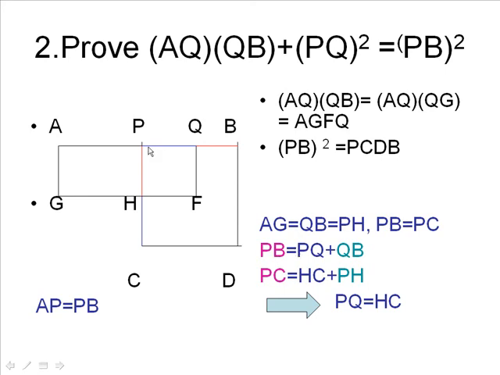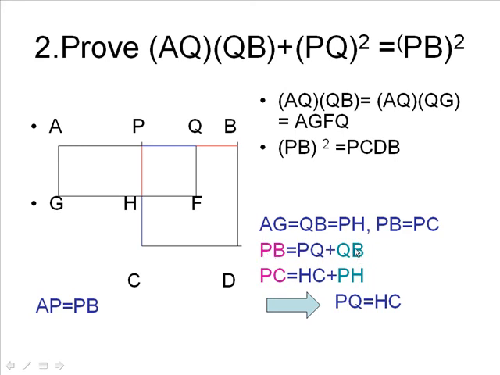And also, when we construct this rectangle, we make AG equal to QB. And AG is also equal to PH because this is a rectangle. And we have QB equals PH. So these two red lines. And notice PB is divided into PQ and QB.